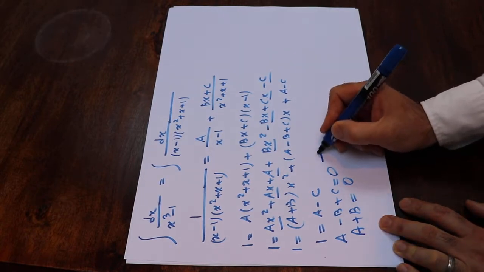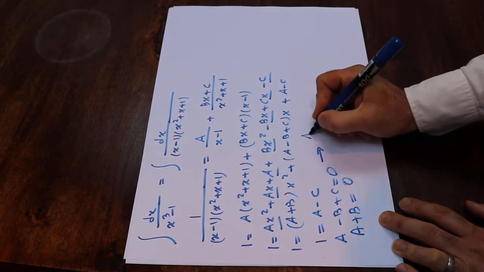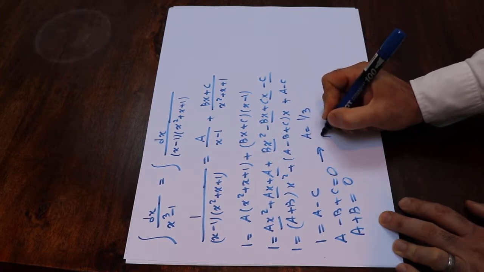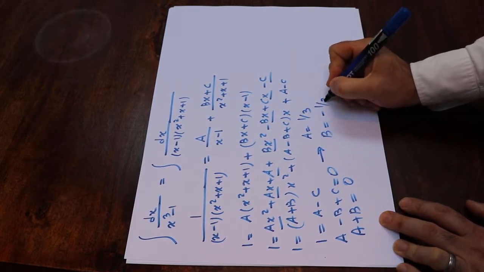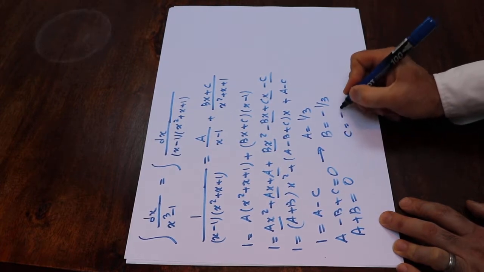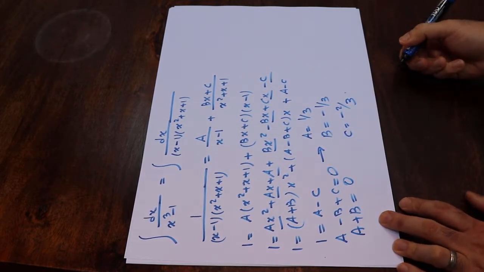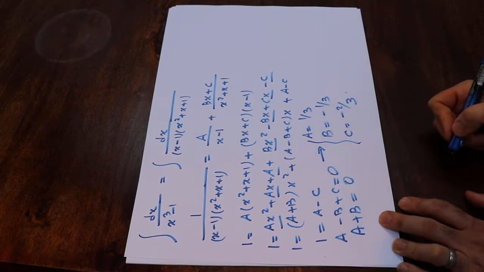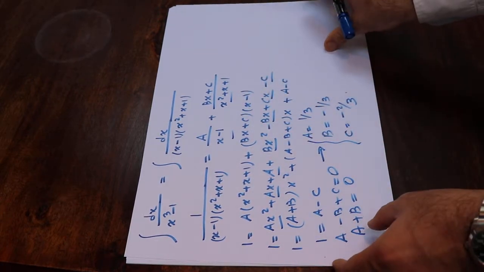Okay, so if you solve these three equations, you'll get A will be equal to 1 divided by 3, B will be equal to minus 1 divided by 3, and C will be equal to minus 2 divided by 3. So all you need to do here is to substitute these values into this equation.